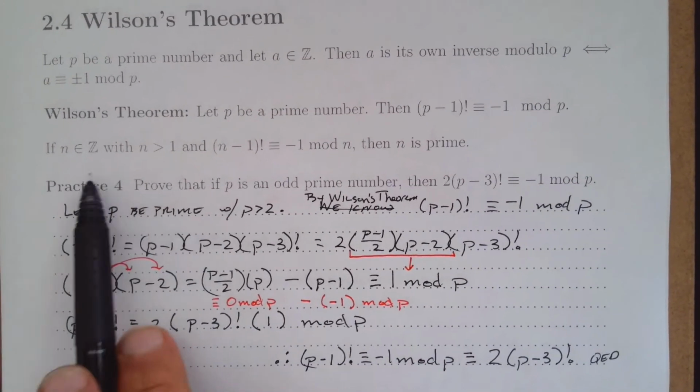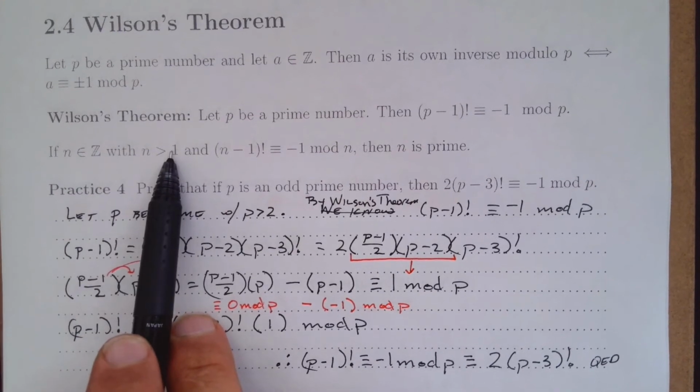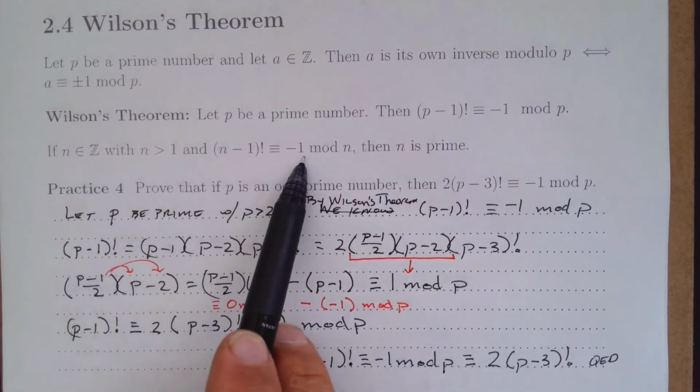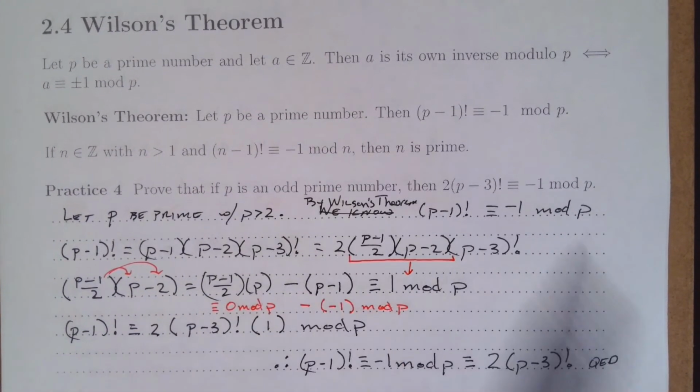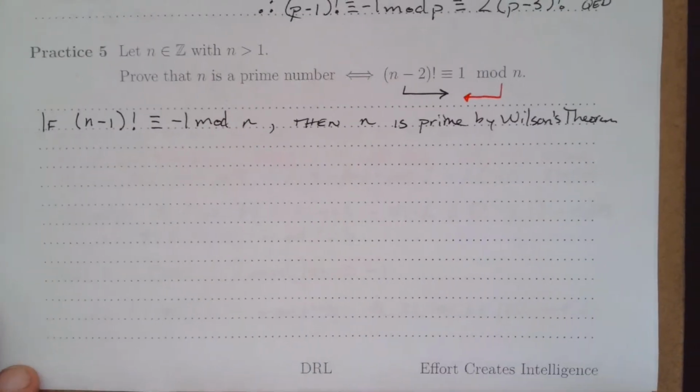Okay, and that's our information right up here, right? That if n is an integer with n greater than 1 and (n minus 1)! is equivalent to negative 1 mod n, then n is prime. So we're just repeating that statement.